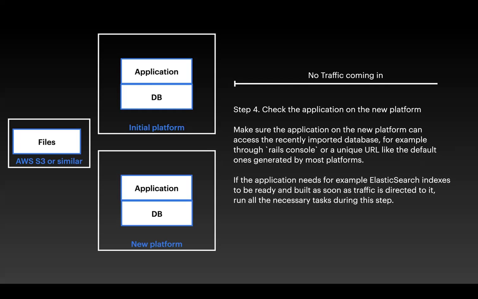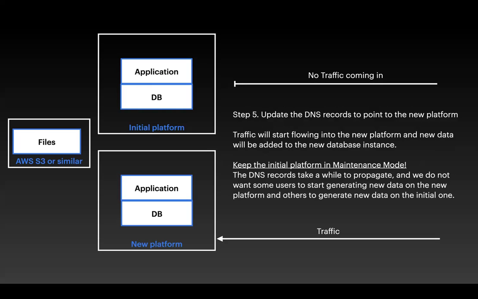And because you have the code and the data, now is the time for Rails, for example, to log into the Rails console and make sure that the database connection is working, all the data is there, everything is working exactly as expected. So now no traffic is going to the initial platform, and the new platform is completely ready to receive traffic, right? So now you update the DNS records, wherever you keep those, to point to the new platform, right?